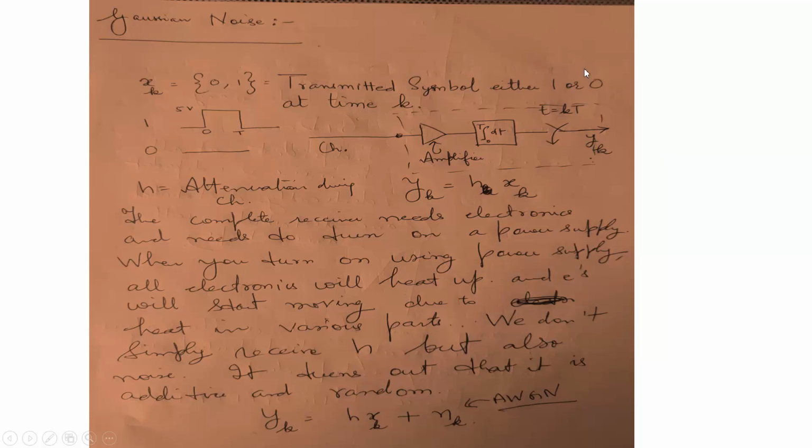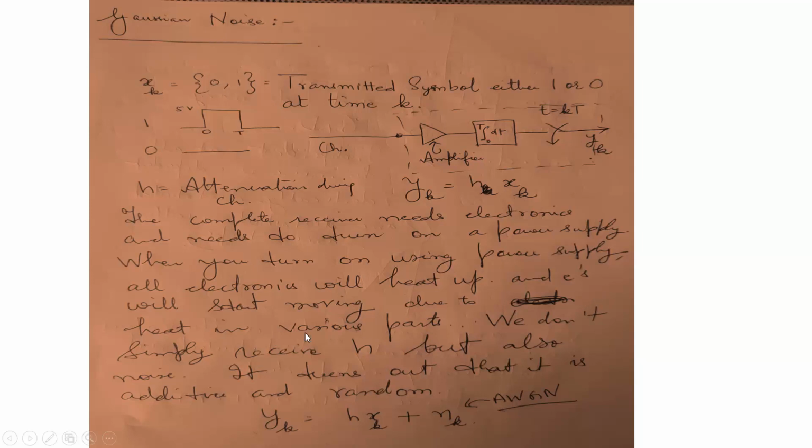Now this complete receiver needs electronics. All this functionality will be done using electronics, which needs to be turned on, as I was trying to explain in the previous slide also. So you need to turn on this electronics using a power supply, and when you do, all the electronics will heat up, and electrons will start moving due to heat in various parts.